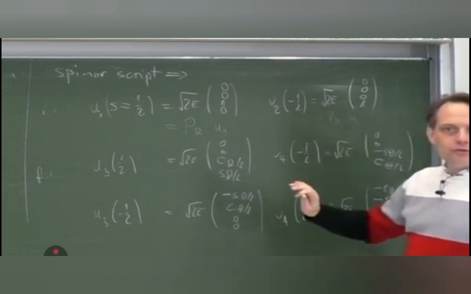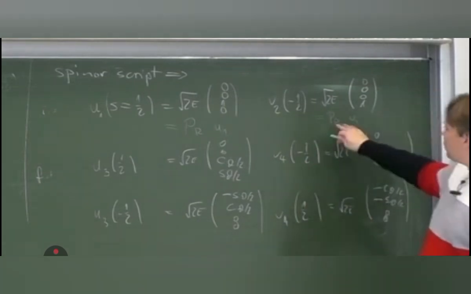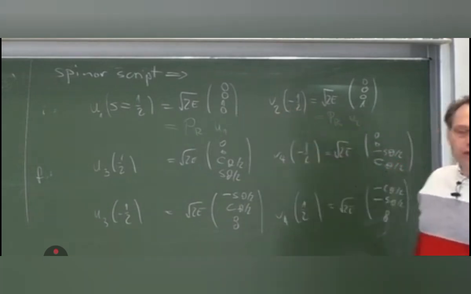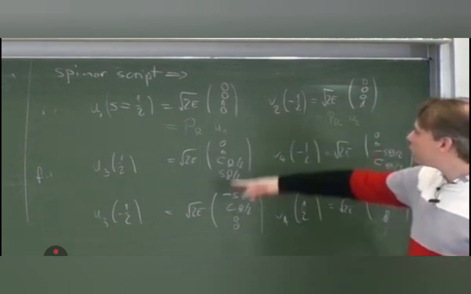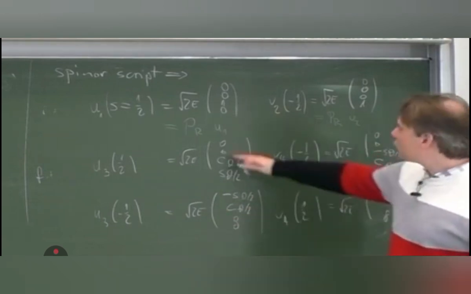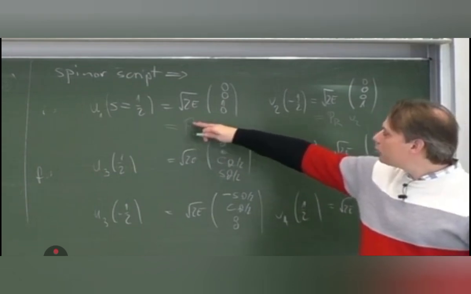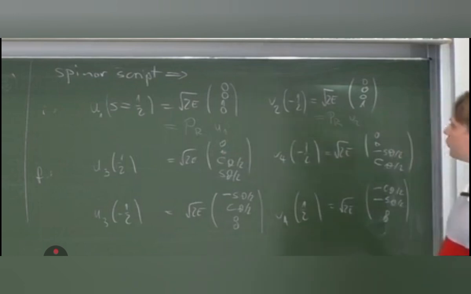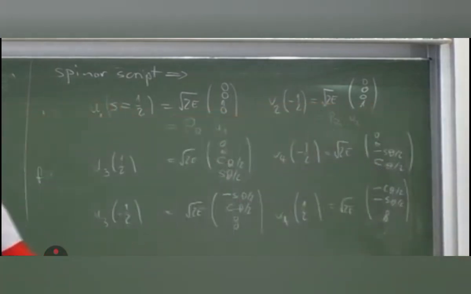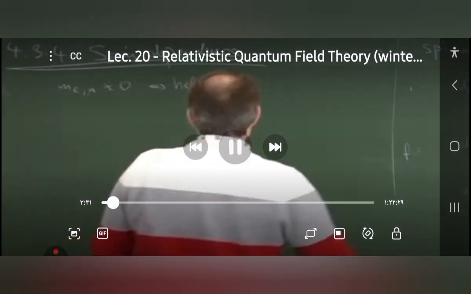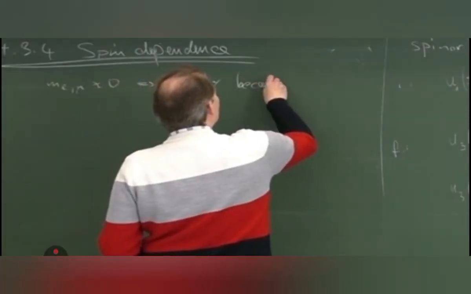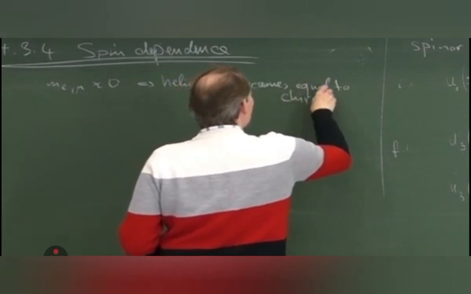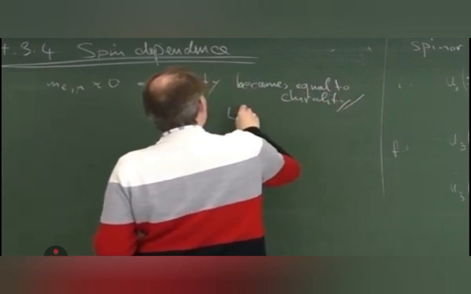So there is the kind of awkward situation that right-handed chirality corresponds to left-handed helicity. That is the case for antiparticles, and that is a fact of life. All the spinors that you see here are eigenstates of gamma 5, and they have specific relationships with respect to those right-handed and left-handed projectors which involve the gamma 5 matrix. And that is something that one can use also in calculations. So helicity becomes equal to chirality and is Lorentz invariant.